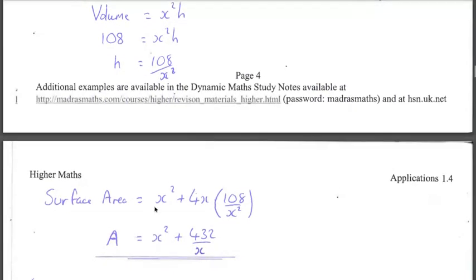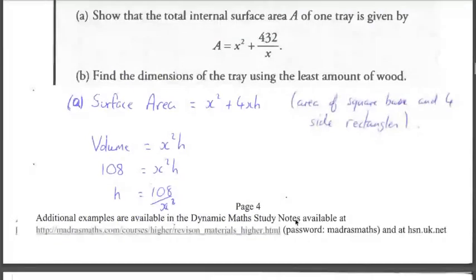So rather than x squared plus 4xh, which we had originally, we'll have x squared plus 4x multiplied by whatever h is in terms of x, which is 108 over x squared. So x squared plus 4x multiplied by 108 over x squared, and 4 times 108 is 432. X divided by x squared would just leave an x term on the denominator, and that is exactly what we've been asked to show.